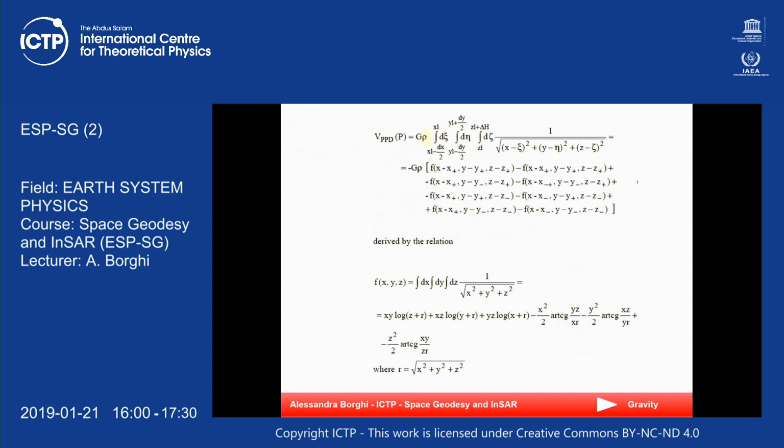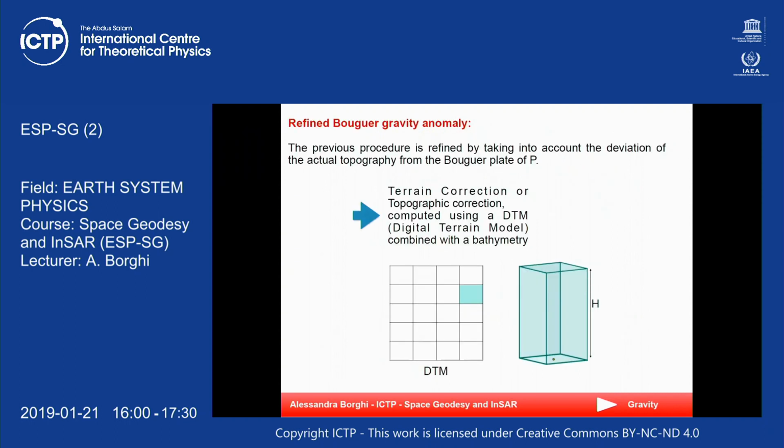So in this case, you have to refine, and you have to compute the effect of each parallelepiped on your point, and sum all these effects. So if I have a point here, I'm going to compute the effect of each parallelepiped on the point, for instance, point P in this position.